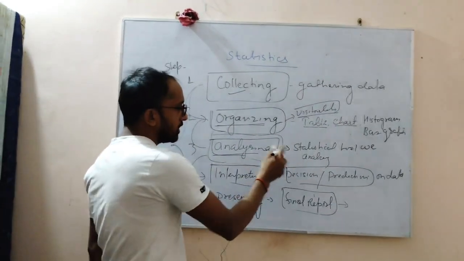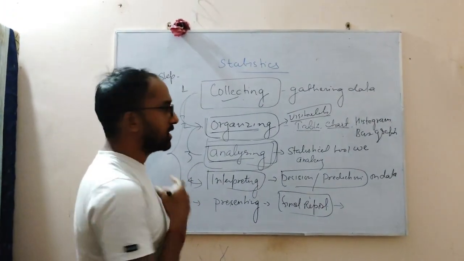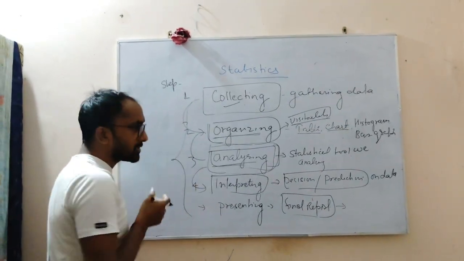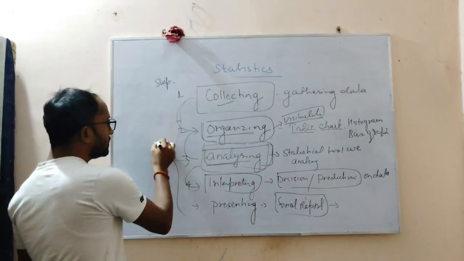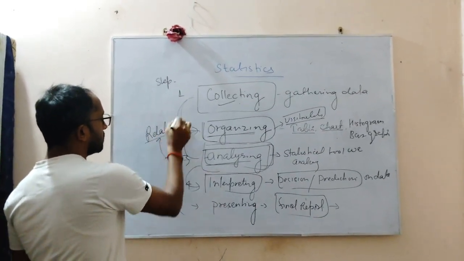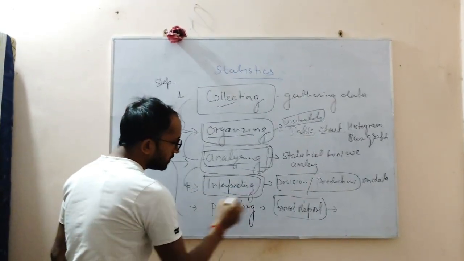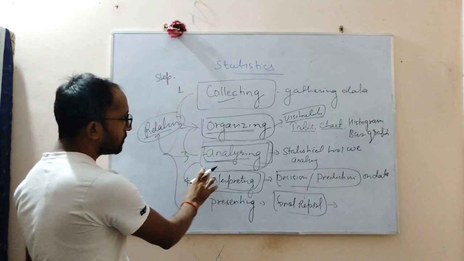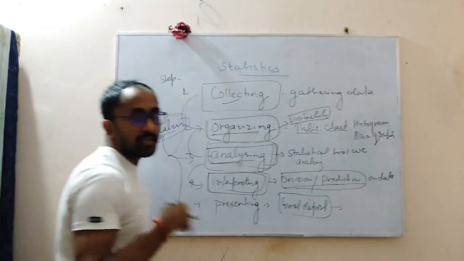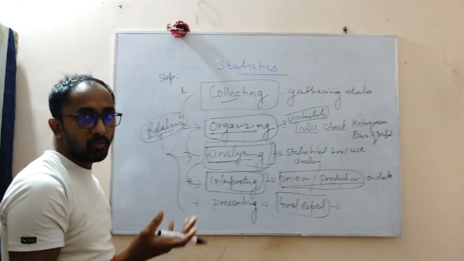Analyzing. In analyzing, we use statistical measures like mean, mode, median, variance, correlations, which are used to find the relation between the collected data. Interpreting is the fourth step, making decisions, predictions, insights. Why do we collect data?